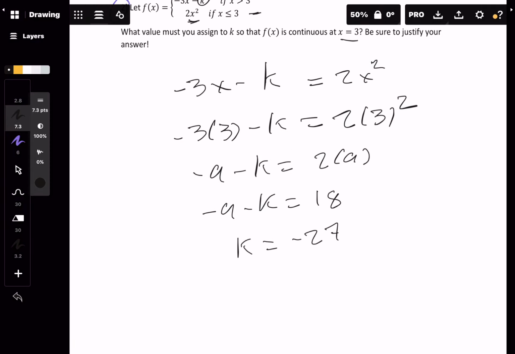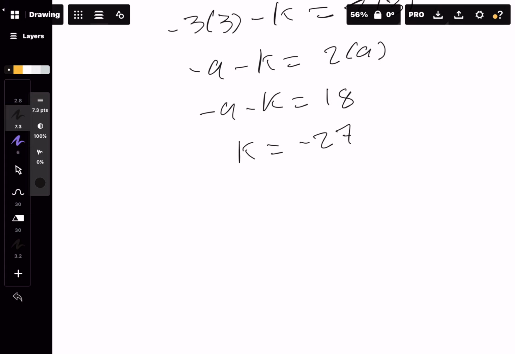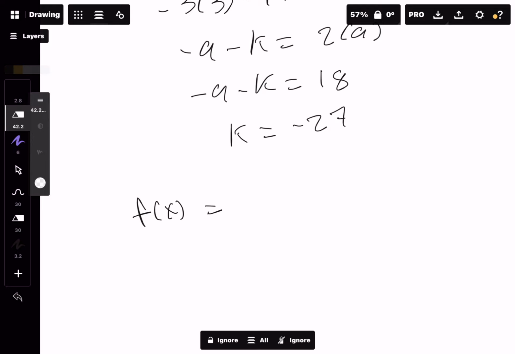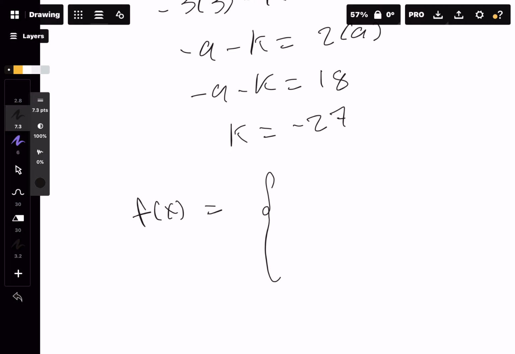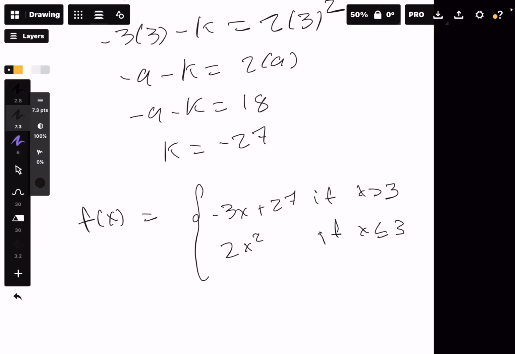Okay, since we solved for k using algebra, we can now plug it into the function. F of x equals, oh, that's a horror. Okay, let me redo that. There we go. 3x plus 27 if x is less than 3, and 2x squared if x is greater than or equal to 3.